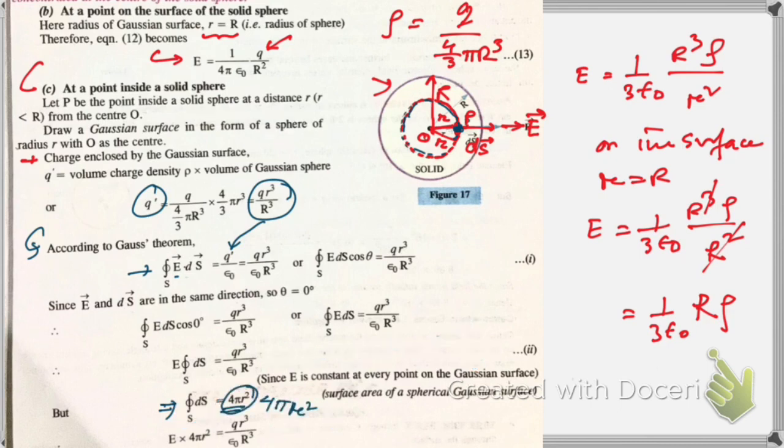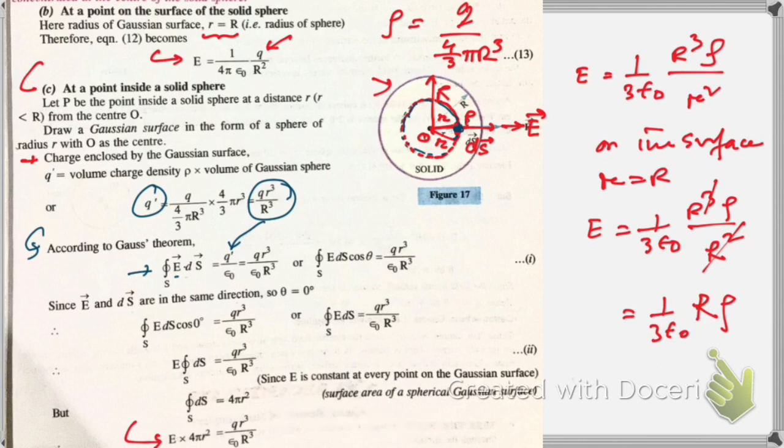Now you see, if you use this value of the surface integral over ds, that means this one is equal to 4 pi r square, if you use it in this expression, then this implies this. Let me write here what we will get.